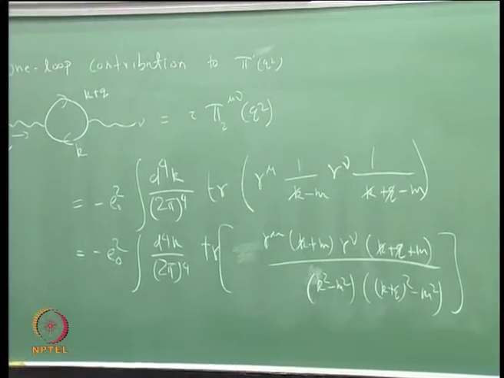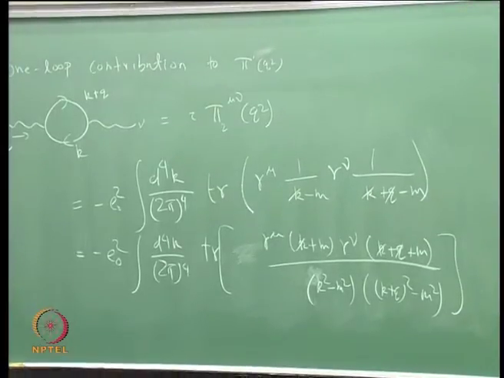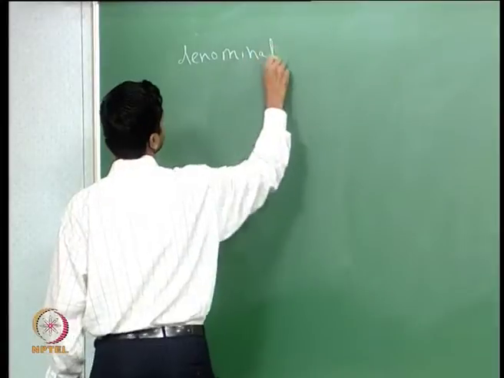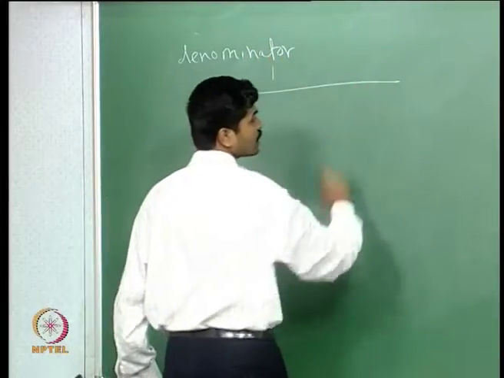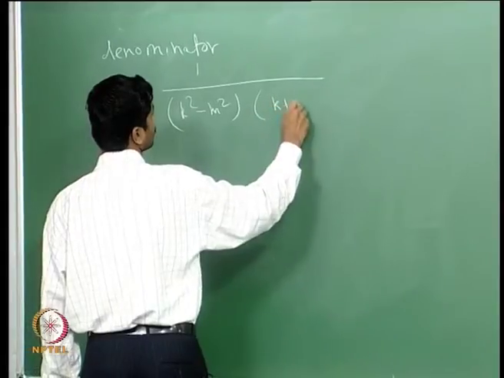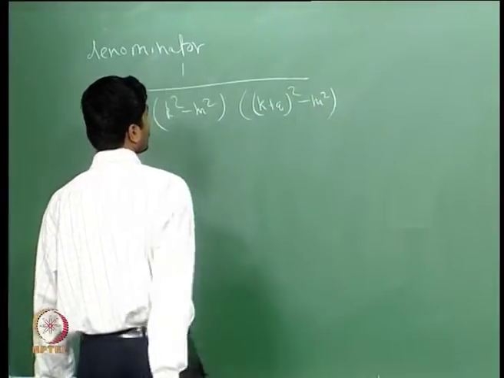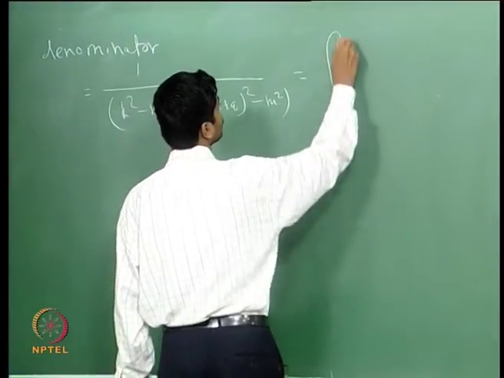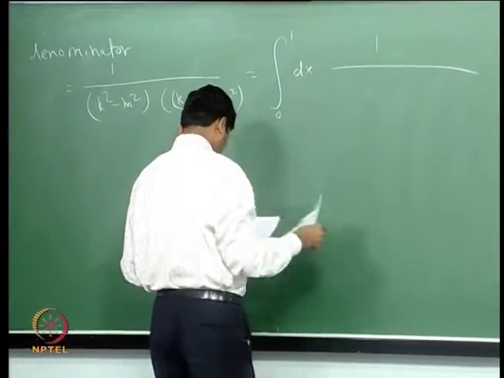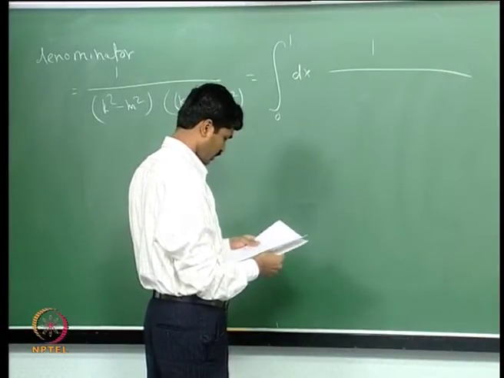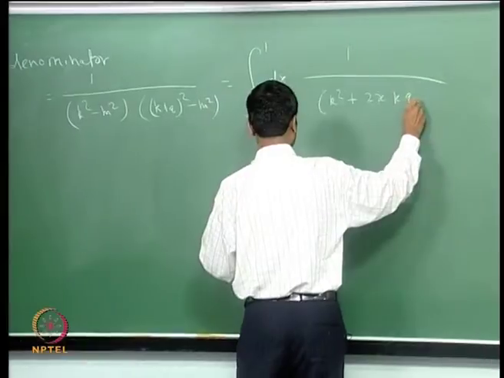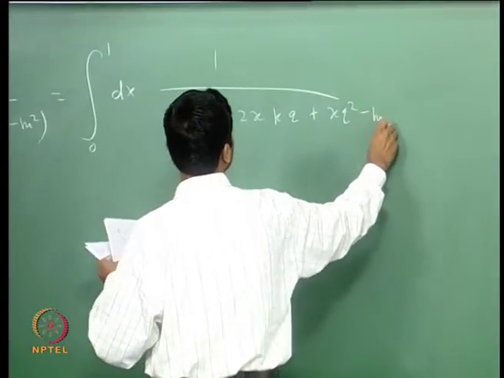So, let us do that. The denominator is given by one over k square minus m square times (k plus q) whole square minus m square, and this quantity I will write as integration 0 to 1 dx times 1 divided by [k square plus 2 x k dot q plus x q square minus m square] whole square.